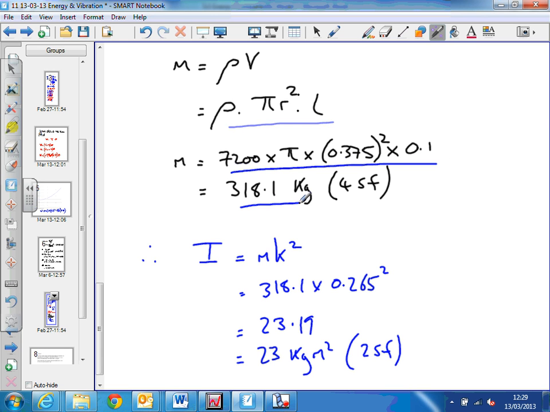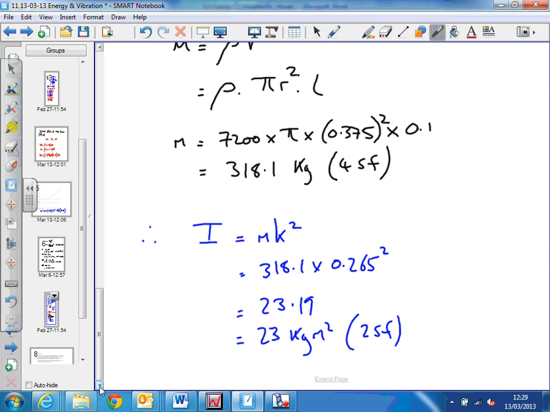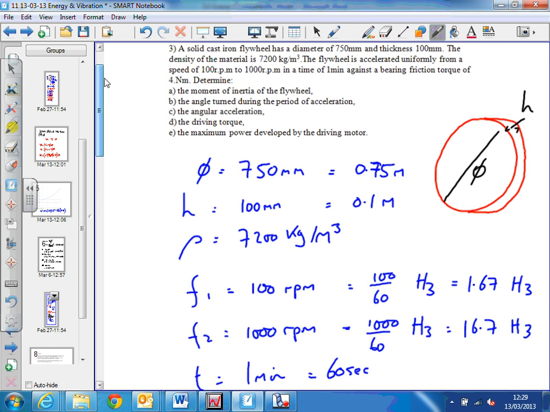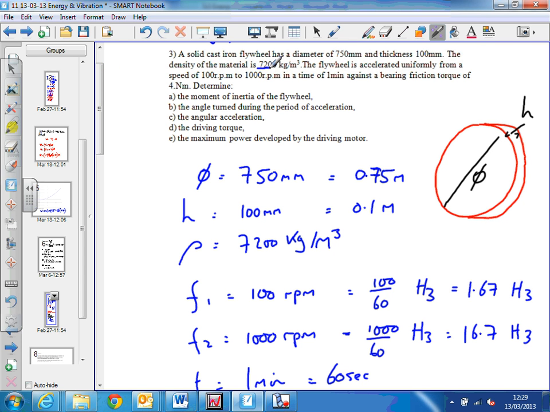Get about 318.1 kilograms, so four significant figures. Then putting those figures in, we get a moment of inertia of around about 23 kilogram meter squared to two significant figures. And that's a reasonable accuracy considering the significance of the initial values we're given, which is round about one or two significant figures. Okay.